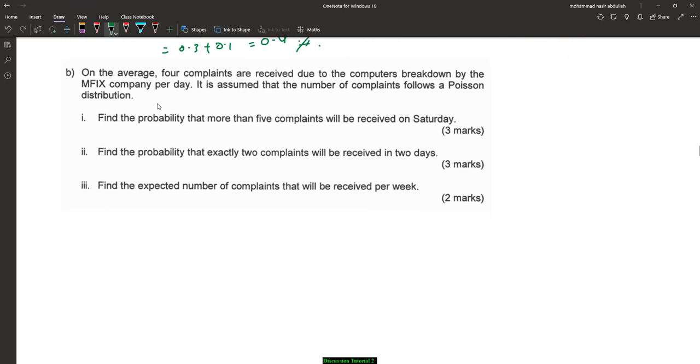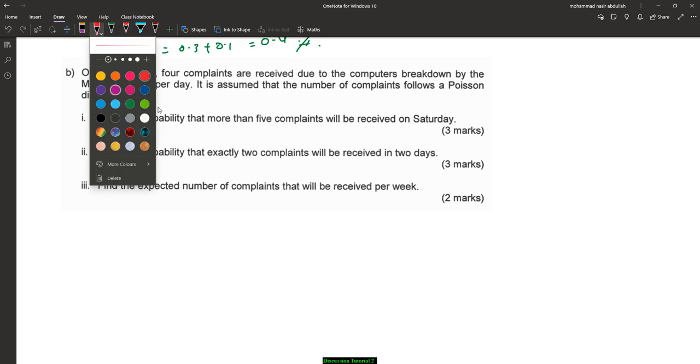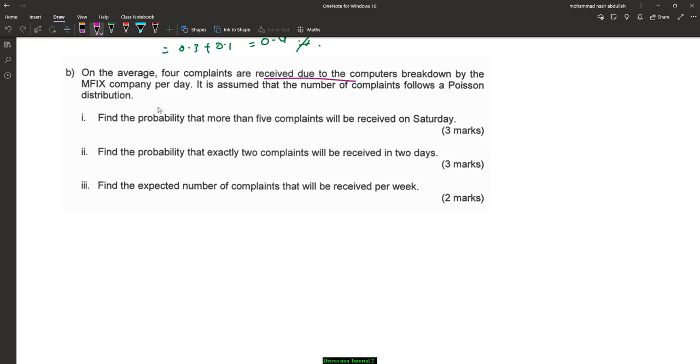So last question for today before we end our session. So on average, 4 complaints are received due to the computer breakdown by MFIX company per day. Right? It is assumed that the number of complaints follows a Poisson distribution.